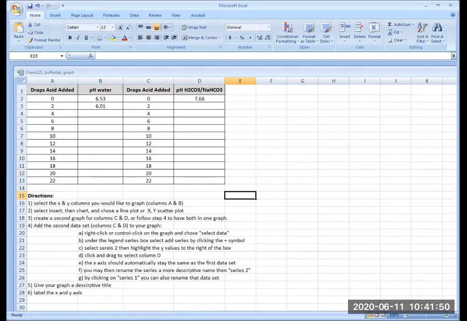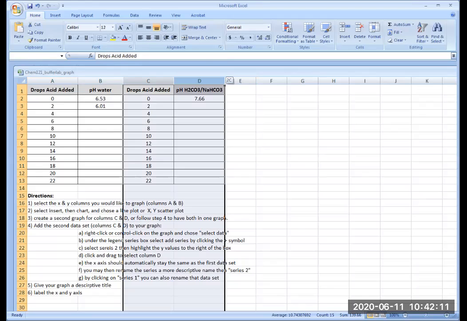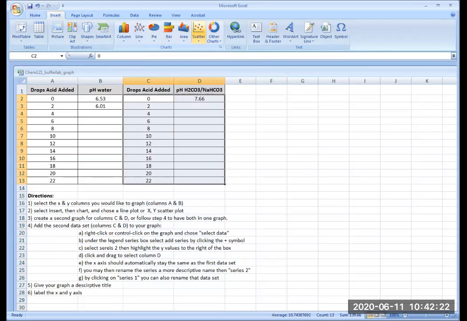I would recommend doing the two curves in the same graph. So do step 4 instead of creating a second graph. One graph for the two curves would be better to compare. You need to select the columns when you do this, or select data like that, and then insert a graph, scatter.